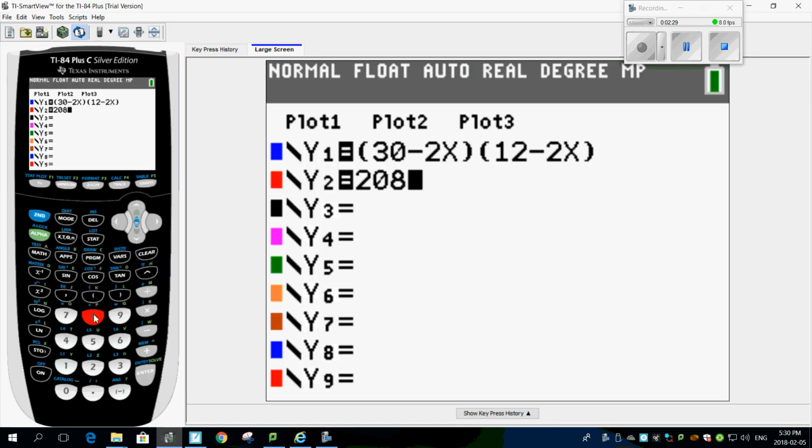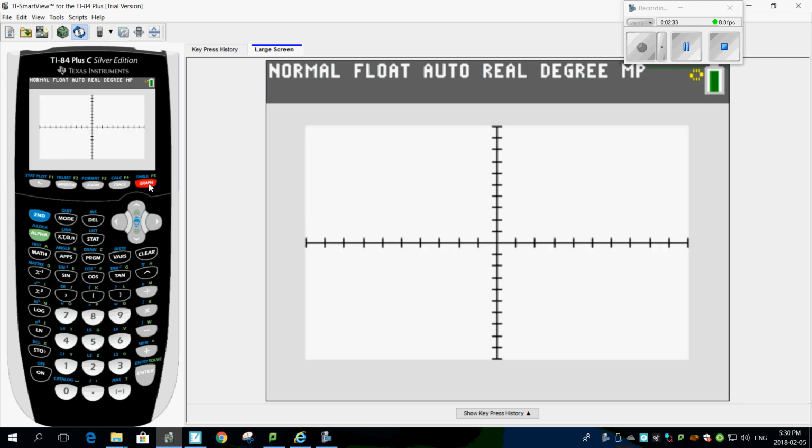But remember, your graph was set up as Zoom standard. So look what you're going to get when I graph this. It's going to give me that. Wow, what is that? Well, that means you haven't seen any of the parabola. And if you look, you'll notice that the parabola here looks like it's coming this way. So it's probably going to go way down here and come out here. So I think we should expand this over.